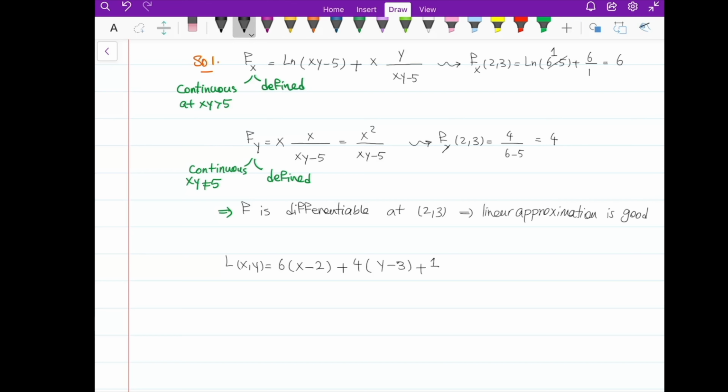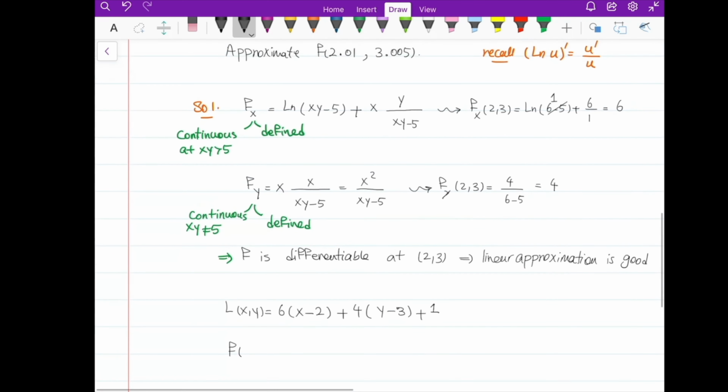Okay, so f of, what was the point? 2.01 and 3.005 is approximately L of 2.01 and 3.005. So all I need to do is plug this point into here. I get 6 times (2.01 minus 2) plus 4 times (3.005 minus 4) plus 1.